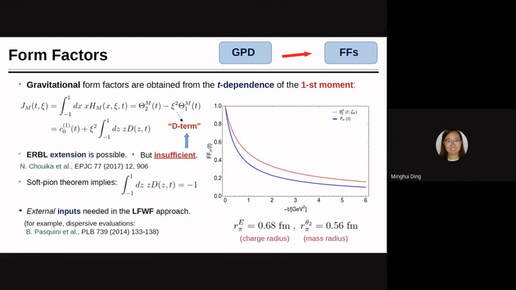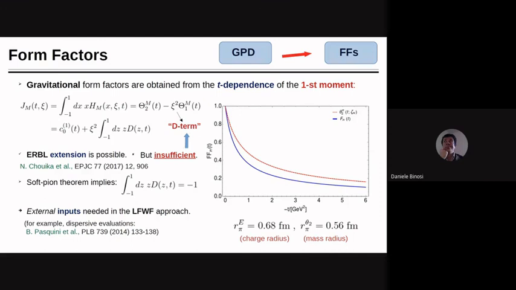More questions? I have another question, Khépani. For GPDs, there are a lot of constraints, right? I mean, there is positivity, but then you have polynomiality and all this stuff.